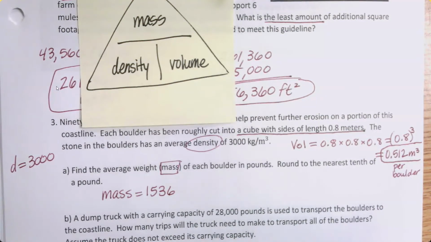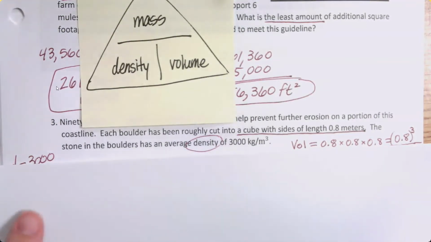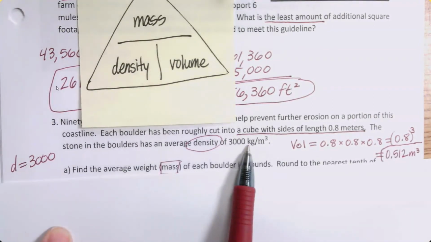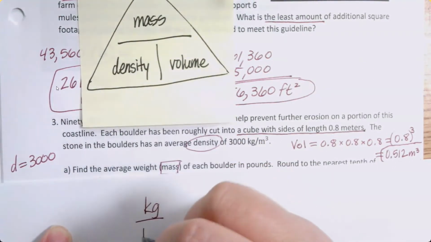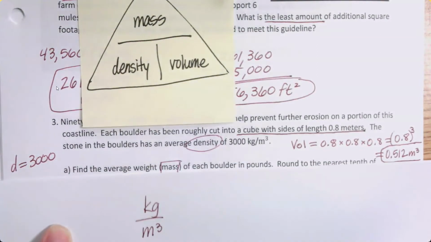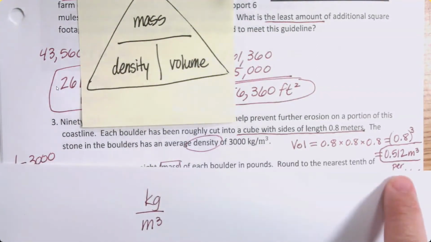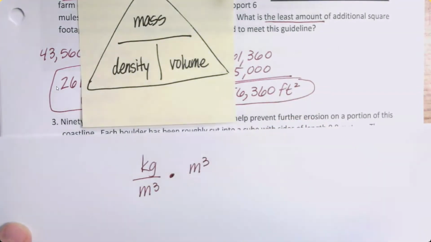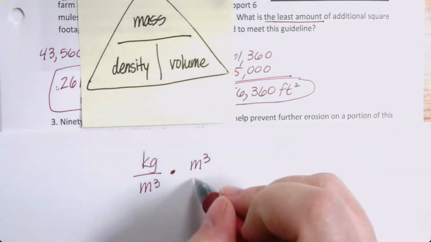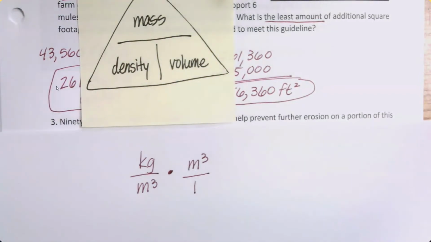The units here, I multiply density times volume, and let me just show you, we can actually work things out on the screen. So density was in kilograms per cubic meter. I multiplied it times the volume, which is in cubic meters. Okay, you can deal with the units just like you would numbers.